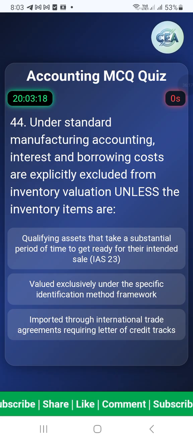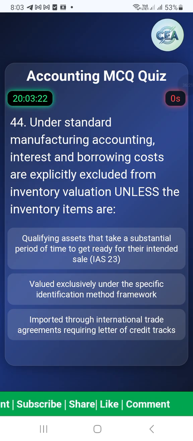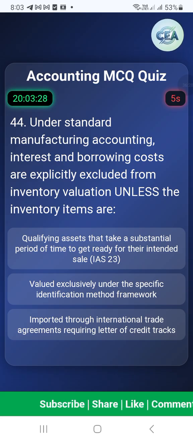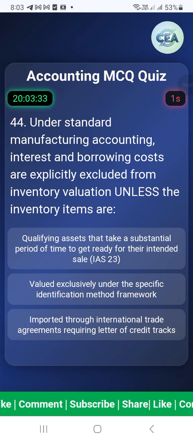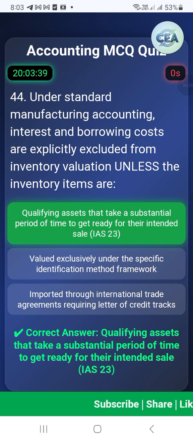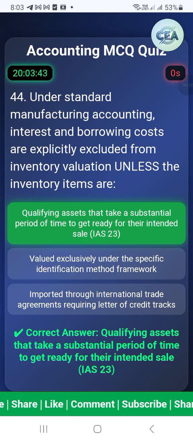Valued exclusively under the specific identification method framework. Option 3. Imported through international trade agreements requiring letter of credit tracks. Correct answer is qualifying assets that take a substantial period of time to get ready for their intended sale, IAS 23.